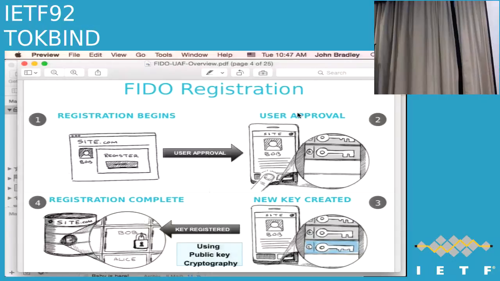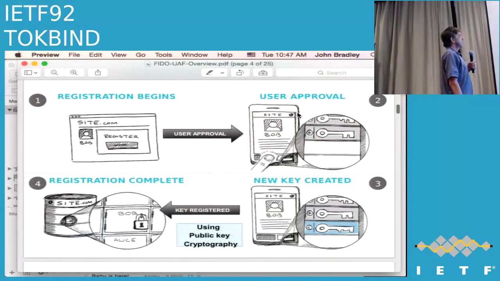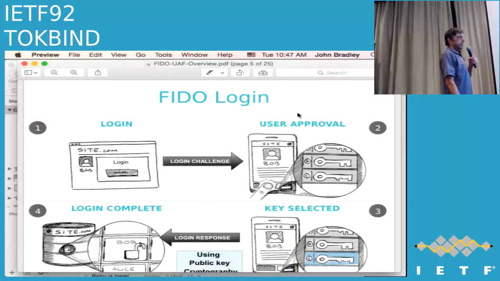The challenge that came over from the FIDO relying party gets signed by the private key in the authenticator, and that message gets sent back. It gets verified using the public key on the server side, and Bob's your uncle. You're authenticated, or you're not, if there was a man in the middle.